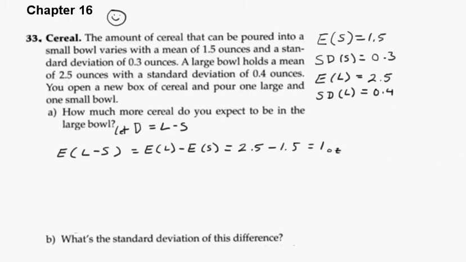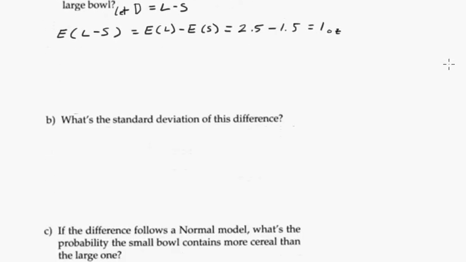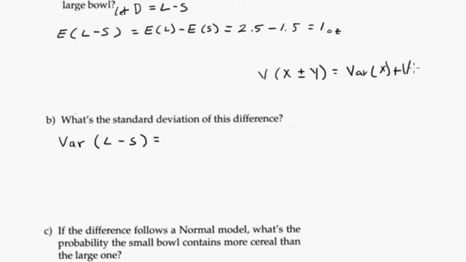That's the expected value. Now for part B, they want to know what's the standard deviation? So we have to work with variances first. We want to know the variance of the large bowl less, so to speak, the small bowl. Well, we have a rule that the variance of X plus or minus Y is equal to the variance of X plus the variance of Y. So the variances add even if you're subtracting.